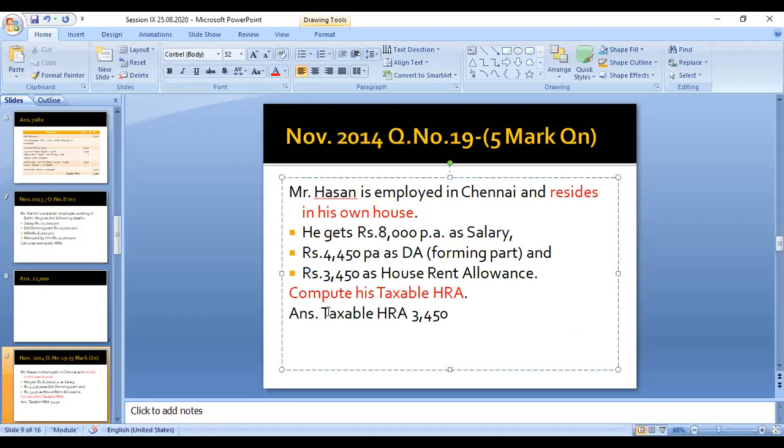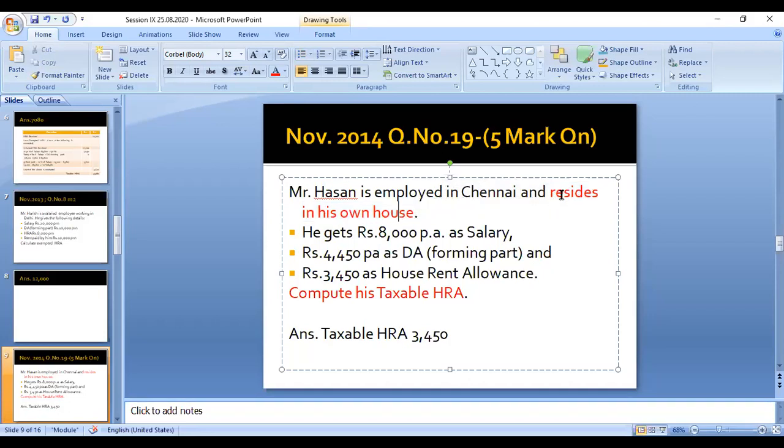If the problem gives any rent paid for a rented house, only at that time can you go for the calculation: take the three amounts and the least of the three is exempted. But he is not paying any rent. He is staying only in his own house.